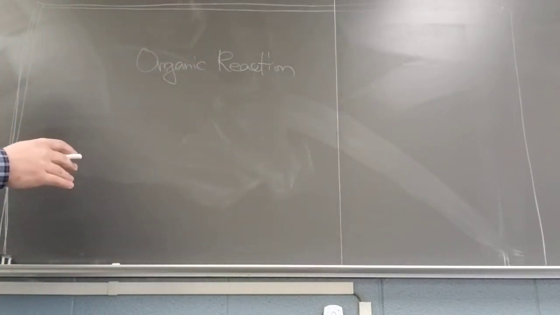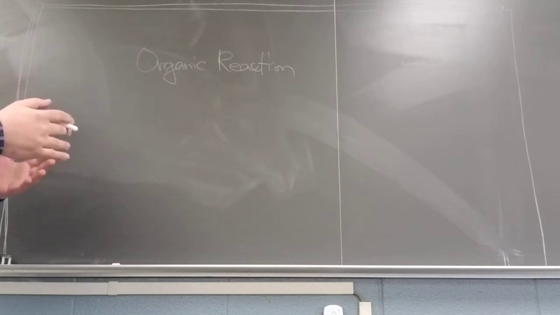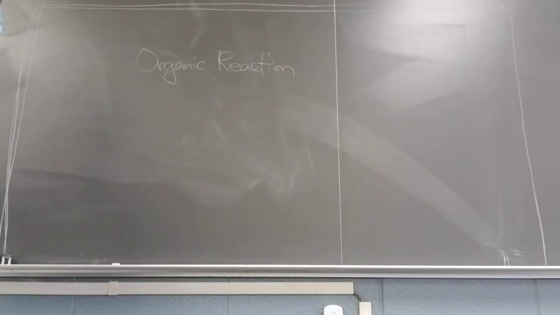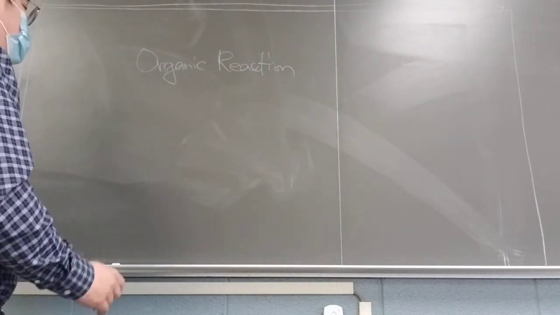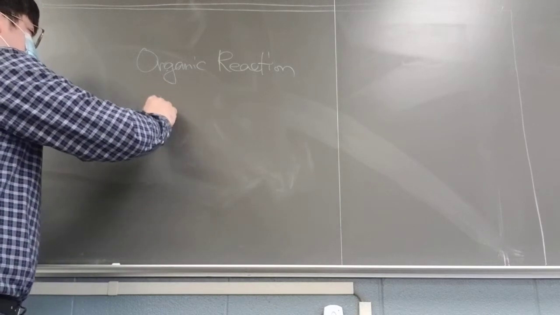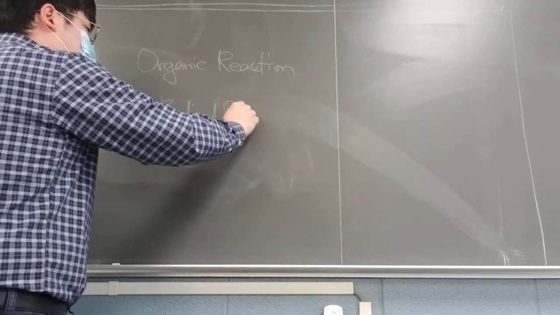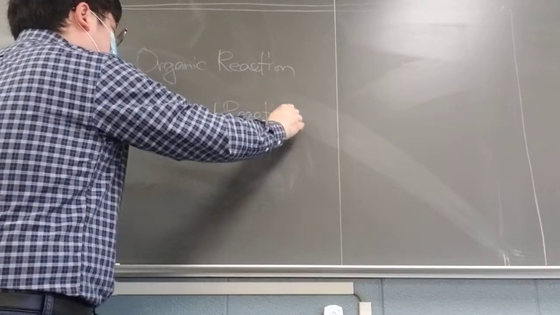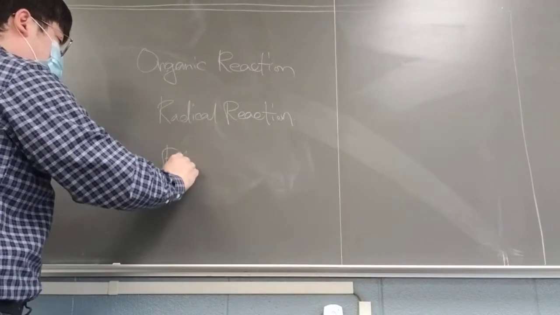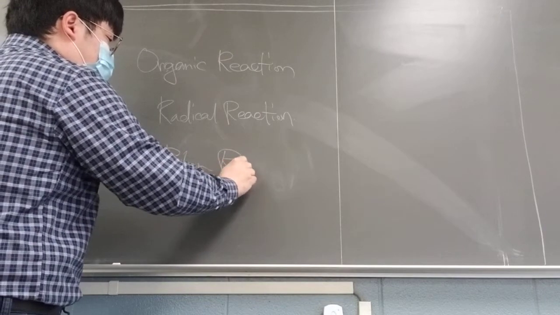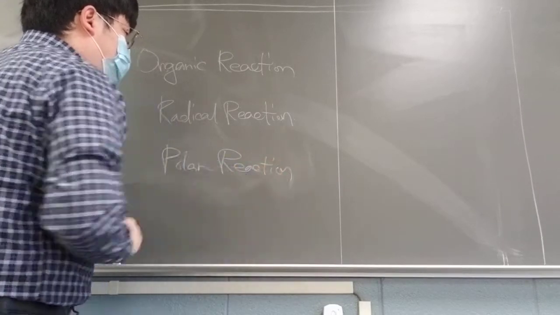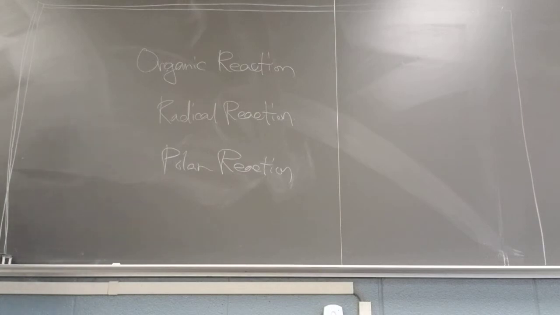It's simply how you use your reactions to make what type of products; it depends on the type of reaction. And we also talked about the radical reaction and the polar reaction.